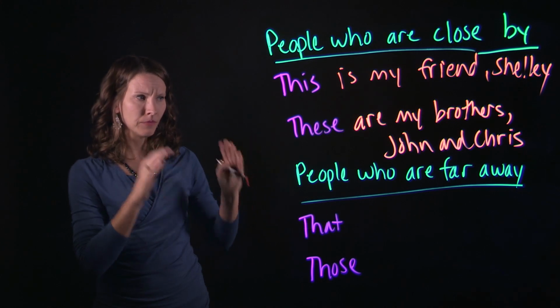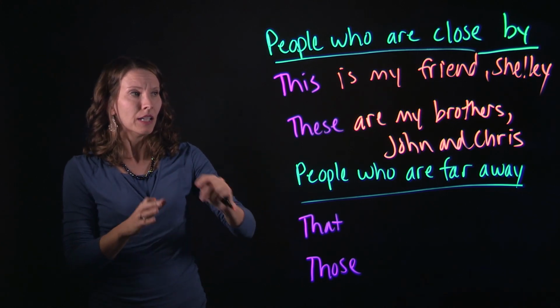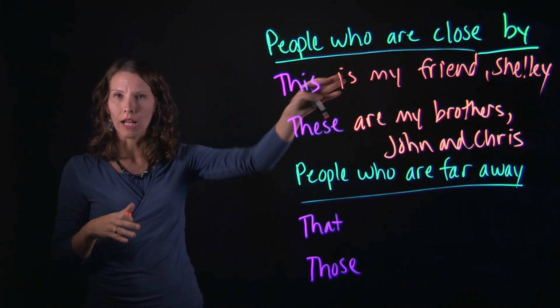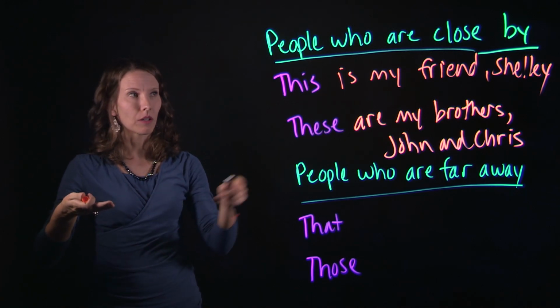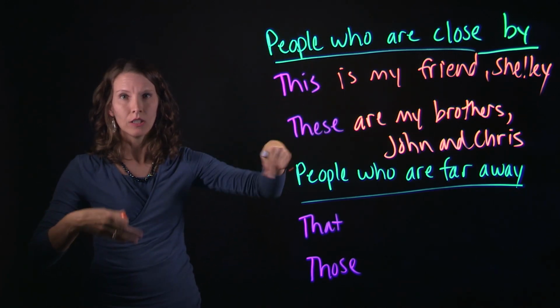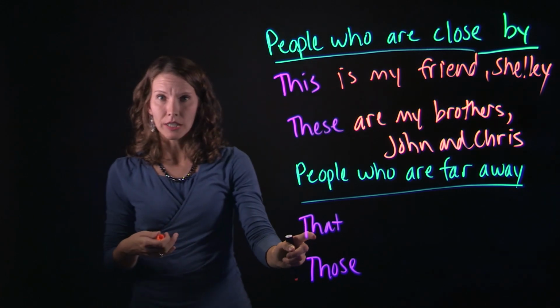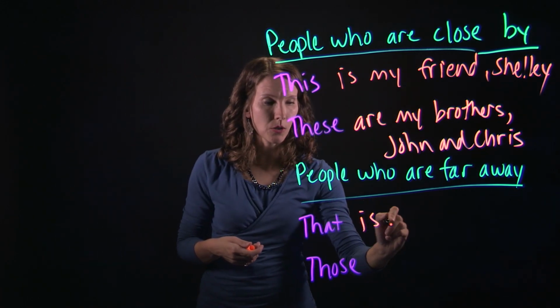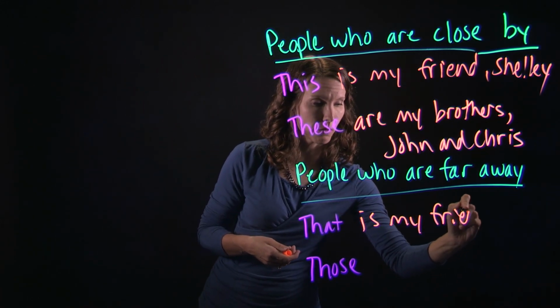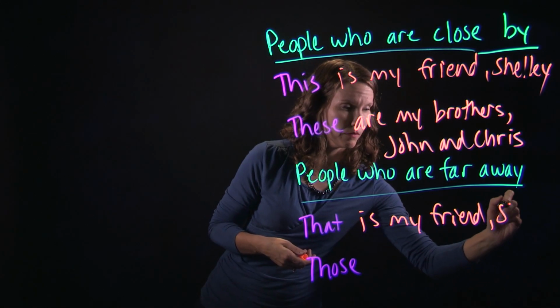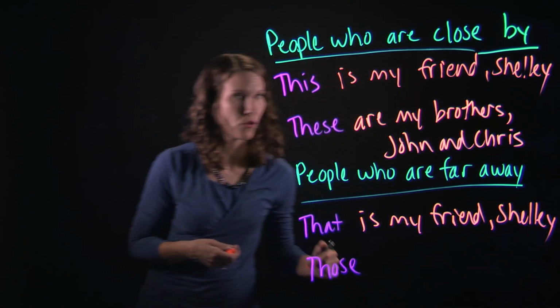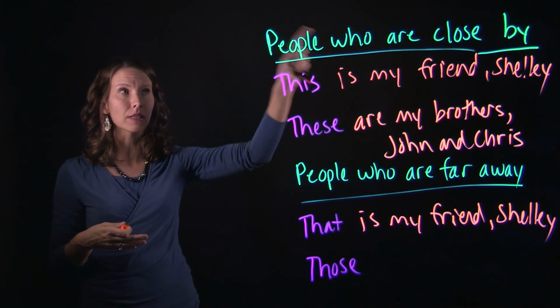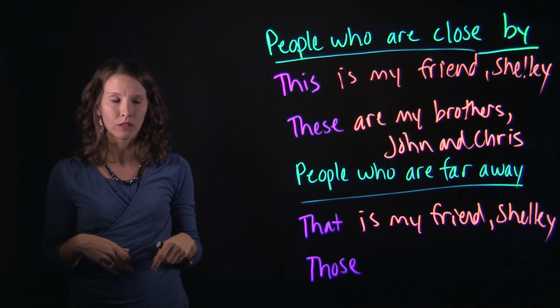If, on the other hand, I'm introducing someone who's far away, so I'm telling the person I'm conversing with that that person over there is someone I know, and I'm talking about a single person who's far away, that's when I would use that. So if my friend Shelley is across the room, I would say that is my friend Shelley.